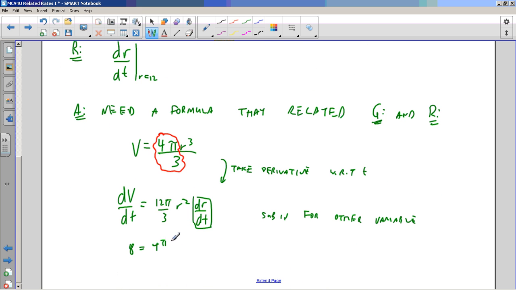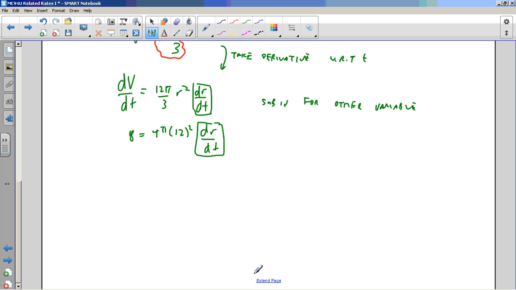Fine. And now dr by dt, all I have to do is get all these other numbers away from this, and I'm going to be able to do that no problem. So this is 8 over 4 pi. 12 squared is 144. A little arithmetic here, and I'll have this exactly for you in just a second. What do I got? I got 8 over 576 pi. That's how much the radius is changing.